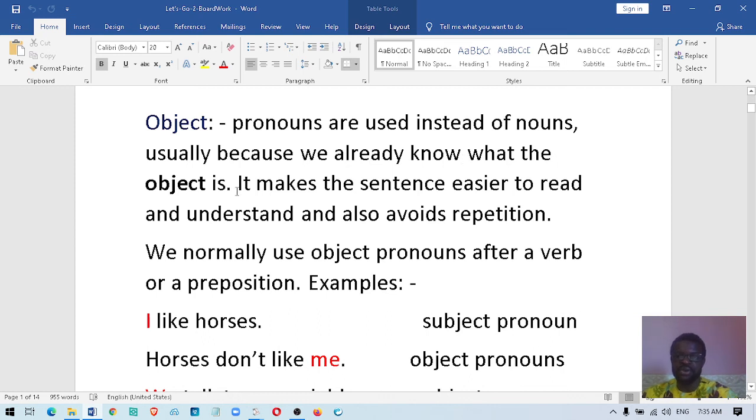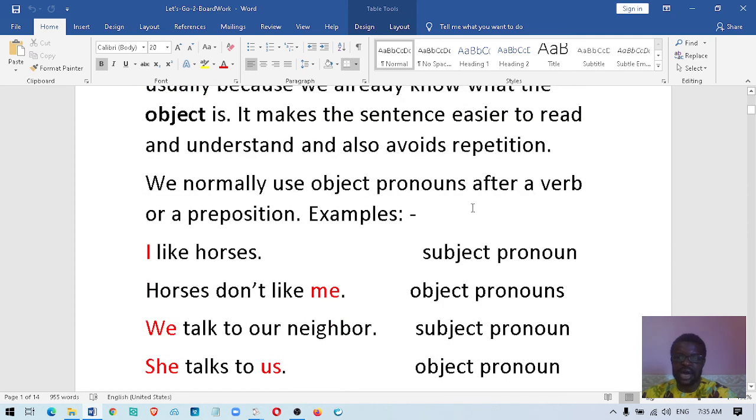When we already knew what the object is, we use the pronoun. It makes the sentence easier to read and understand, and also to avoid repetition. Okay? We normally use object pronouns after a verb. I told you this already. So after a verb, we use the object pronoun or a preposition.